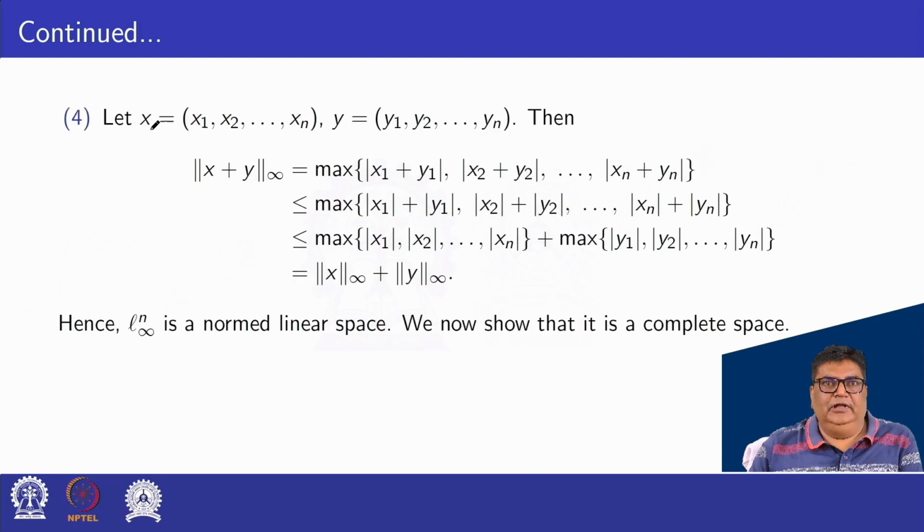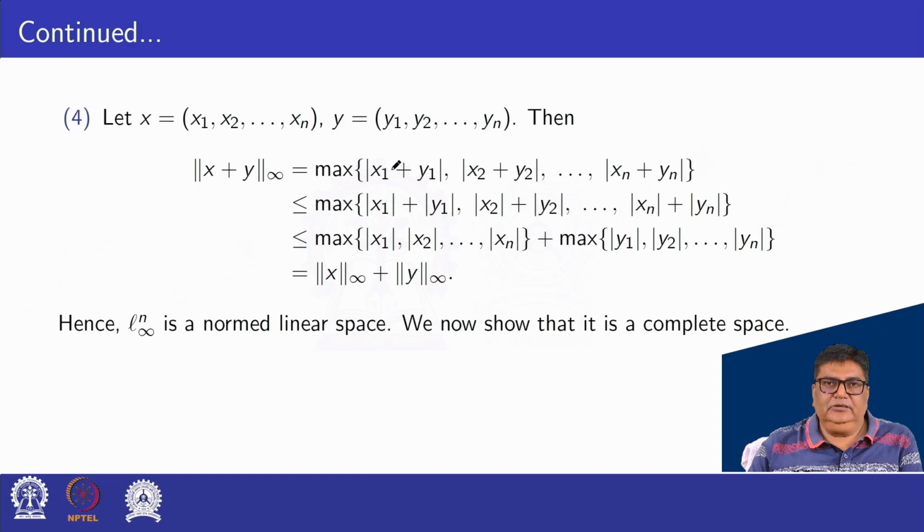Fourth, let x be the n-tuple of x1, x2 and so on xn and y the n-tuple of y1, y2 and so on yn, then norm x plus y equals the max value of |x1 + y1|, |x2 + y2| and so on |xn + yn|.